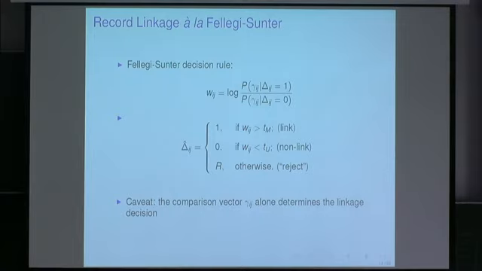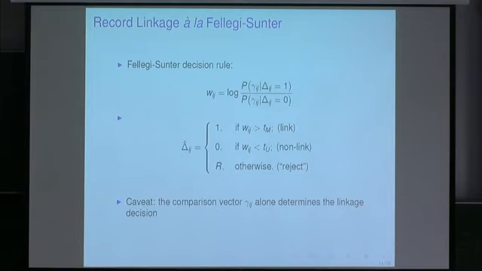However, I argue that the optimality of this decision rule doesn't hold in the context of record linkage, because when you look at this decision rule, the comparison vector alone determines the linkage decision. The problem in record linkage is that the linkage decisions are interdependent.